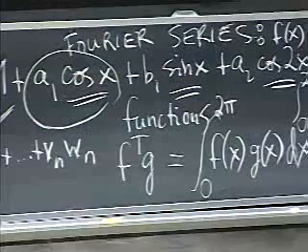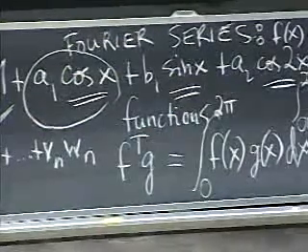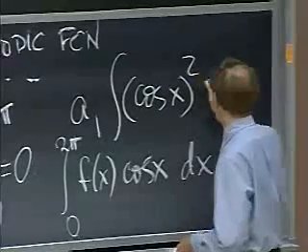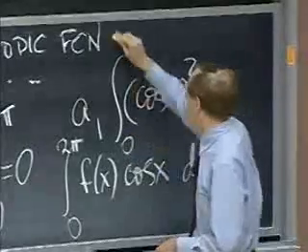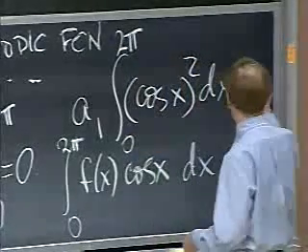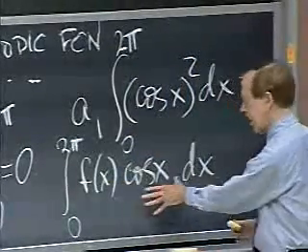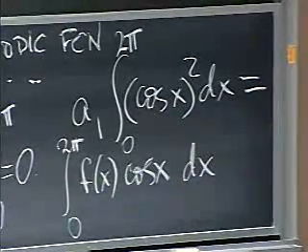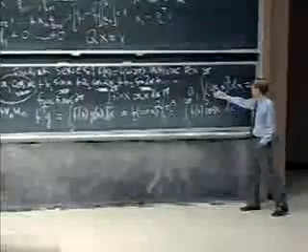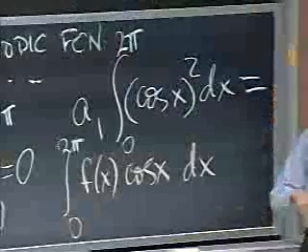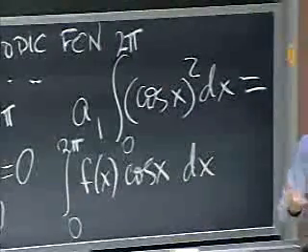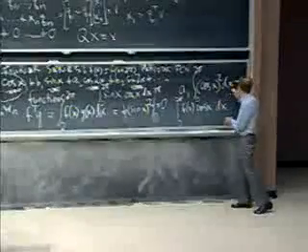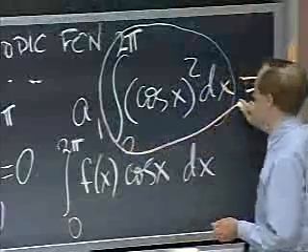And that term is A1 times the integral of cos x squared dx, 0 to 2 pi, equals, so this was the left side, and this is all that's left on the right-hand side. And this is not 0, of course, because it's the length of the function squared. It's the inner product with itself, and a simple calculation gives that answer to be pi.